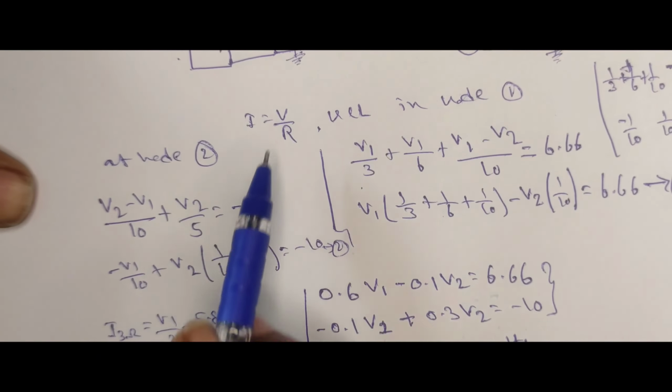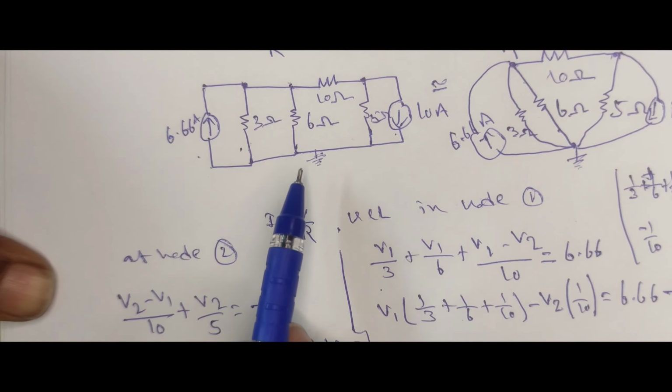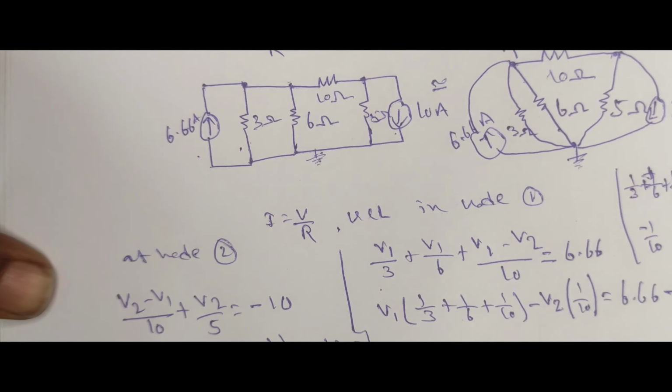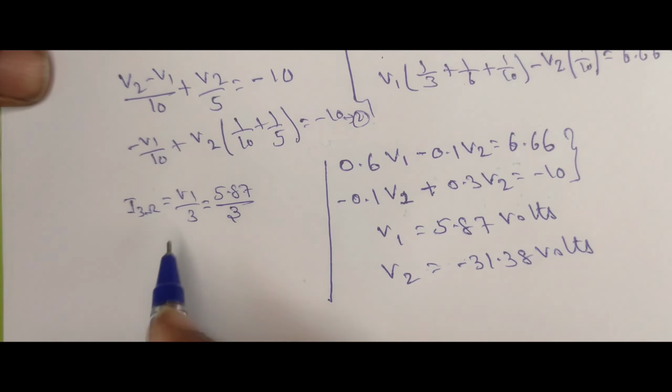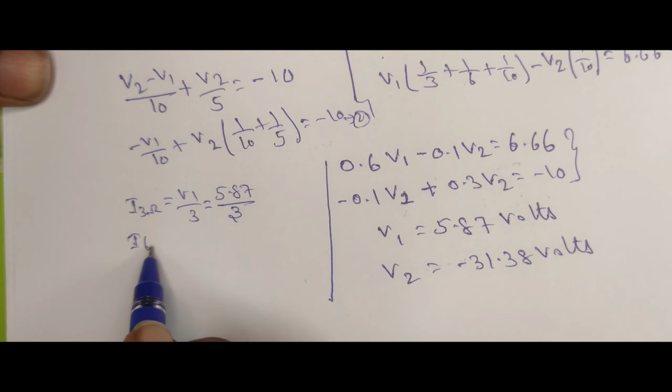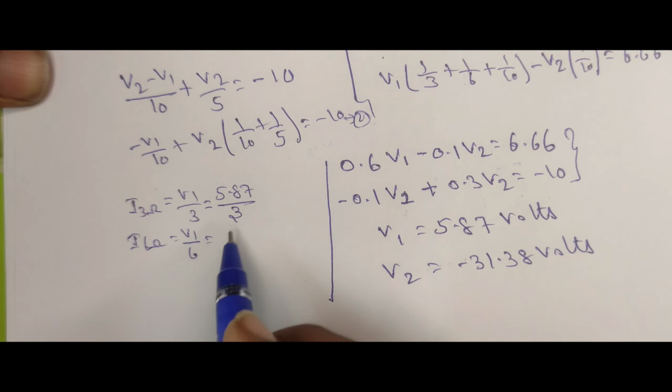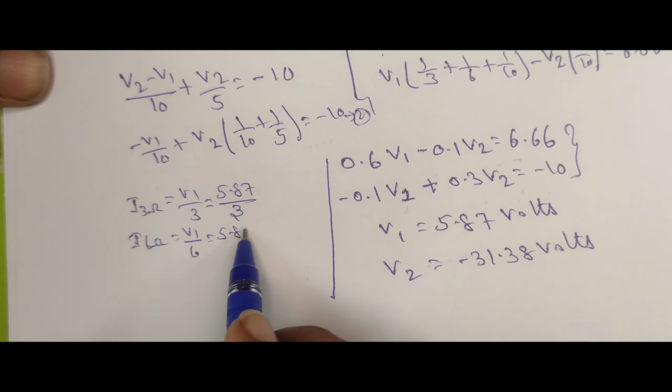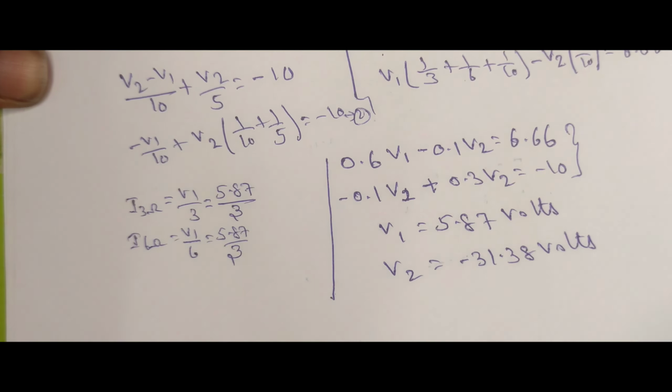Current across 6 ohm, which is also independently connected, is V1 by 6. My V1 value is 5.87, so 5.87 by 6.